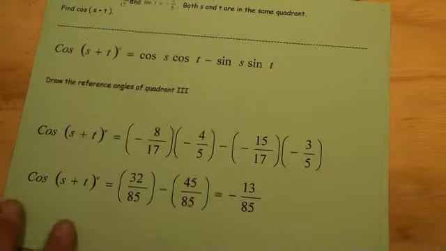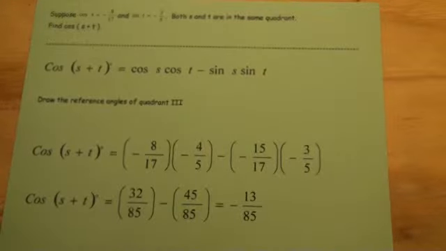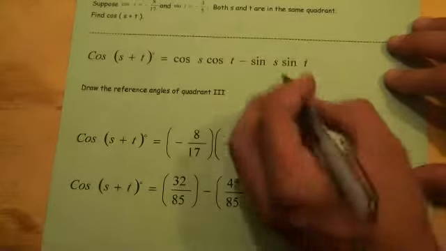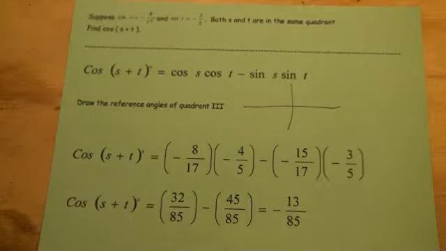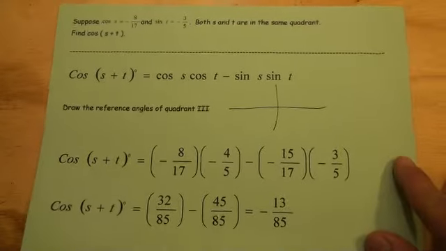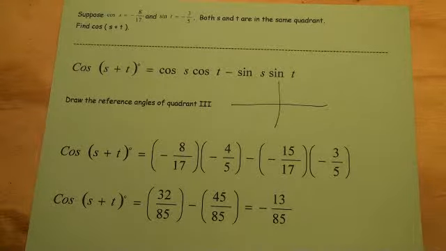Suppose cosine s equals negative 8/17 and sine t equals negative 3/5. And then it says both s and t are in the same quadrant. What we're going to do is do this one at a time here. First thing we need to do, whenever you do problems like this, is to draw a diagram. And let's go ahead and take a look. Now, obviously, both cosine and sine are what?